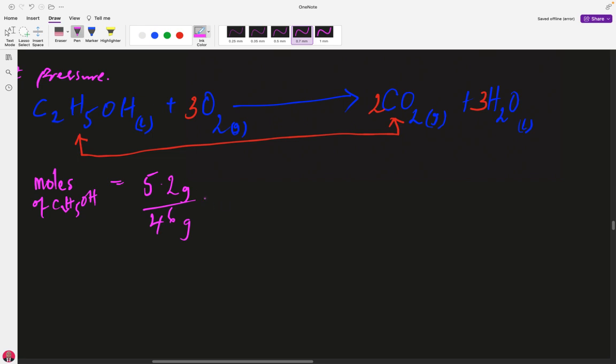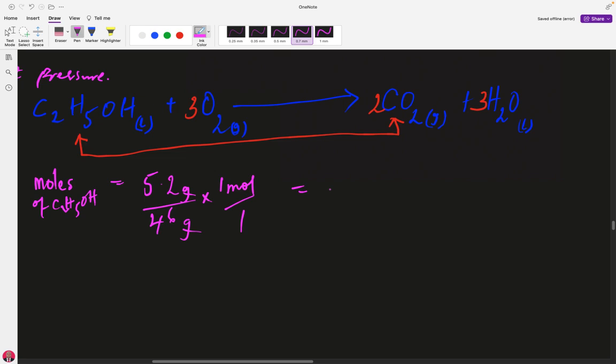The grams cancel, so it is 5.2 divided by 46 times 1 mole.